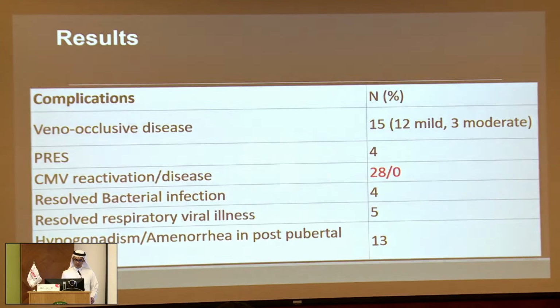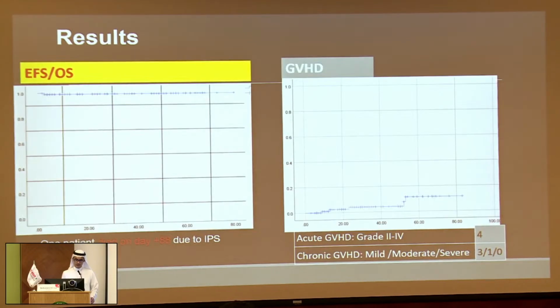We also found that they have some infections, but the overall survival is similar to international, around 99%, but we had one mortality at day 88 from IPS, or idiopathic pneumonia syndrome, but we did not have graft failure. But we have also some elements of GVHD. Combining them, they're around 6%, some of them had both acute and chronic, but they're all mild and none had severe.